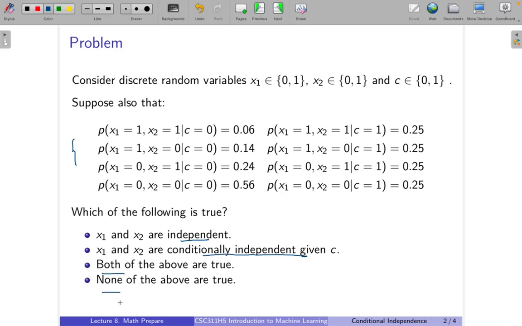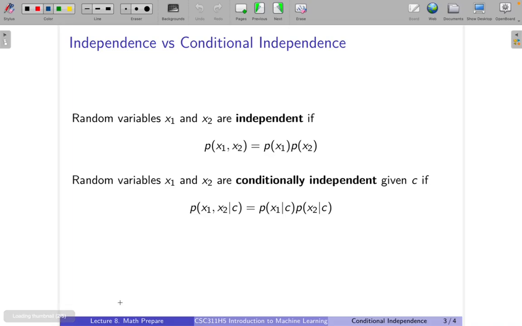So to answer this question, let's look at the definition of independence and conditional independence. Two random variables are independent if their joint distribution can be decomposed into a product of their individual distributions. And conditional independence, this definition here looks really similar to the independence definition.